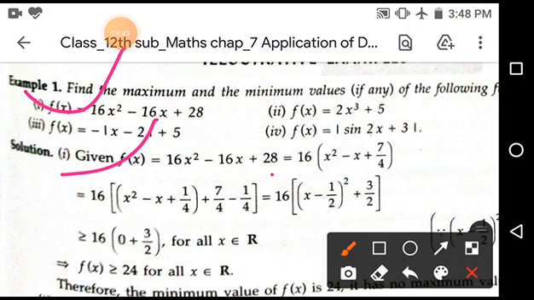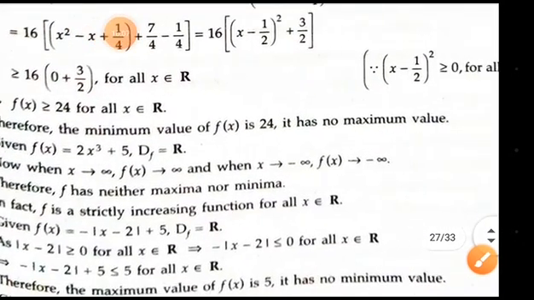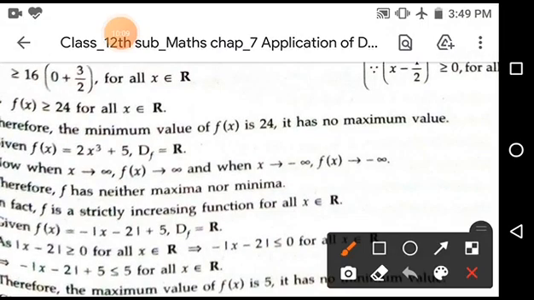So we can write it in some way, and after solving, finally if we see here the value of the function is greater than or equal to 16 in bracket 0 plus 3 upon 2, and we know that the square of any function is always greater than or equal to 0. It should never be negative. Clear? So therefore the minimum value of the function is 24 and it has no maximum value.